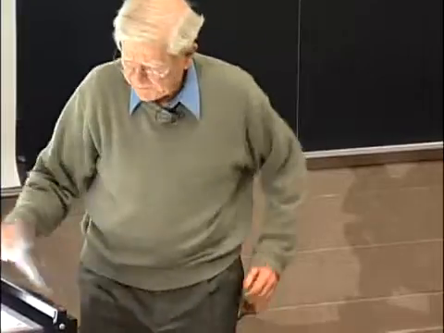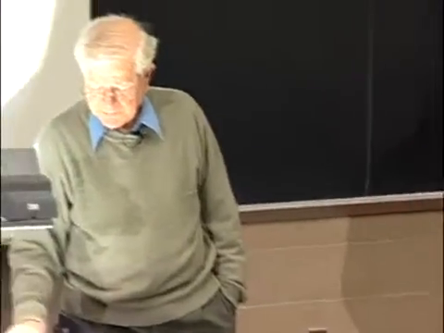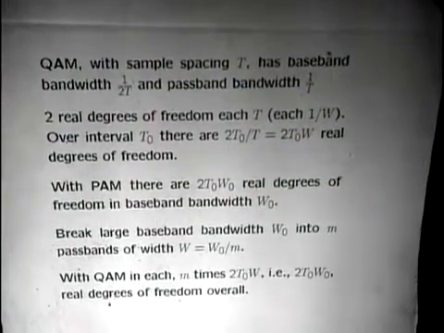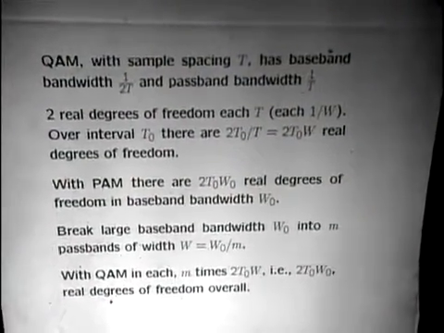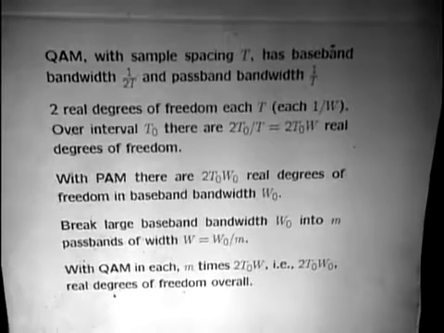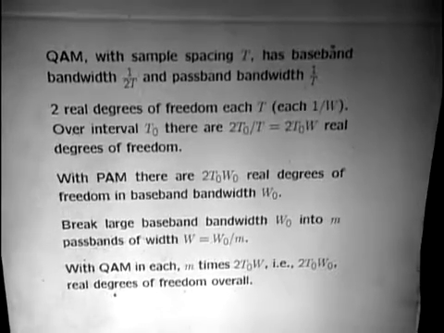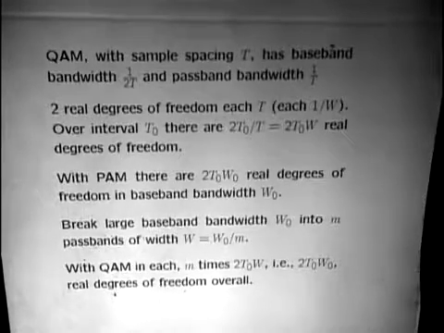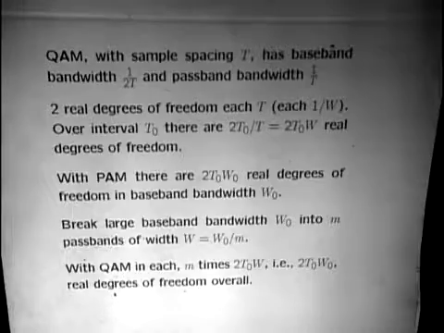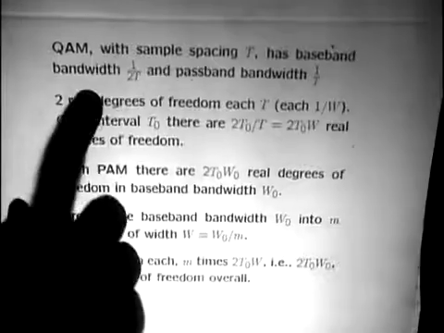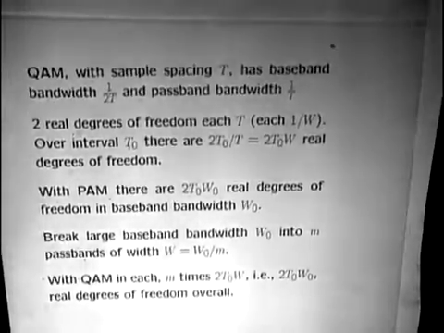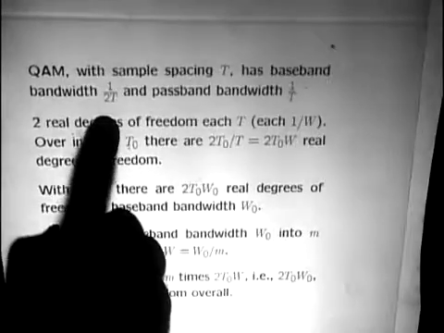I want to talk a little bit about the number of degrees of freedom we have when we do this. If we look at quadrature amplitude modulation, anytime you get confused about bandwidths, it's probably better to look at the sample time T, which is something that never changes. When you look at the sample spacing, the nominal baseband bandwidth, as we've seen many times, is 1 over 2T.